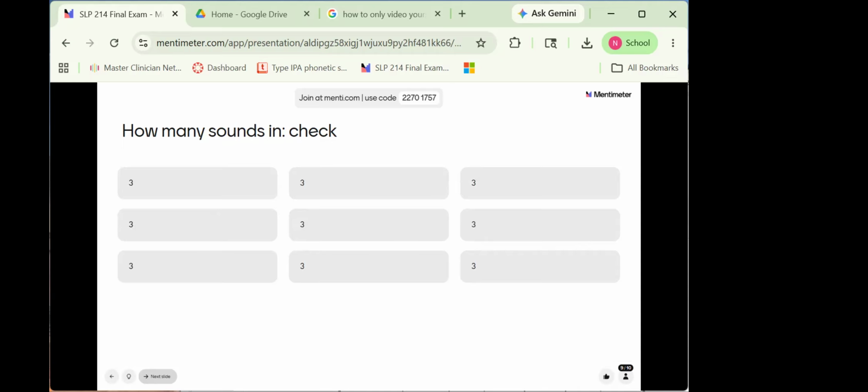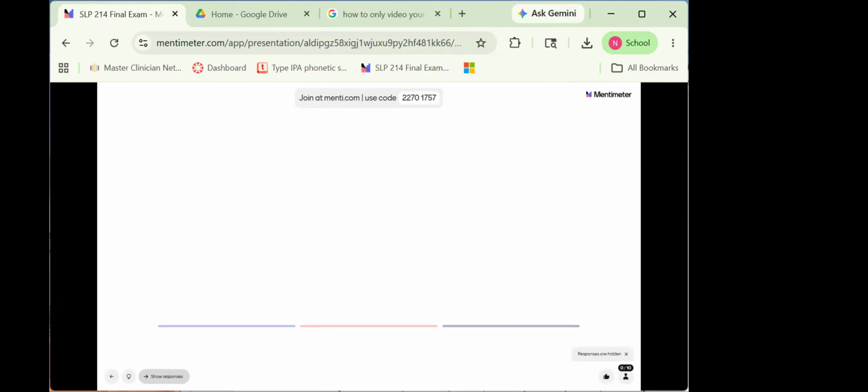Okay, let's look at our responses. Three, great job. Ch, e, k, check, three sounds. Which of these sounds are labial dental sounds?